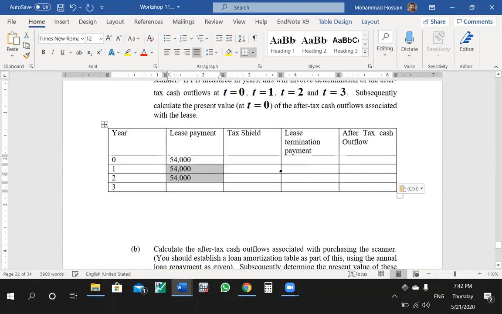Okay. And we will have a tax shield. How much will be the tax shield? 30% of $54,000. So our tax shield will be equal to 30% of 54, which will be equal to 16,200.